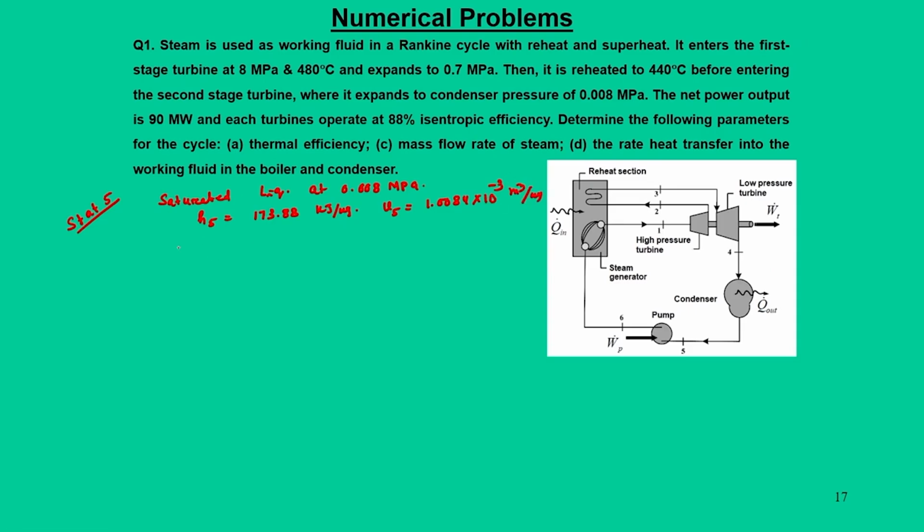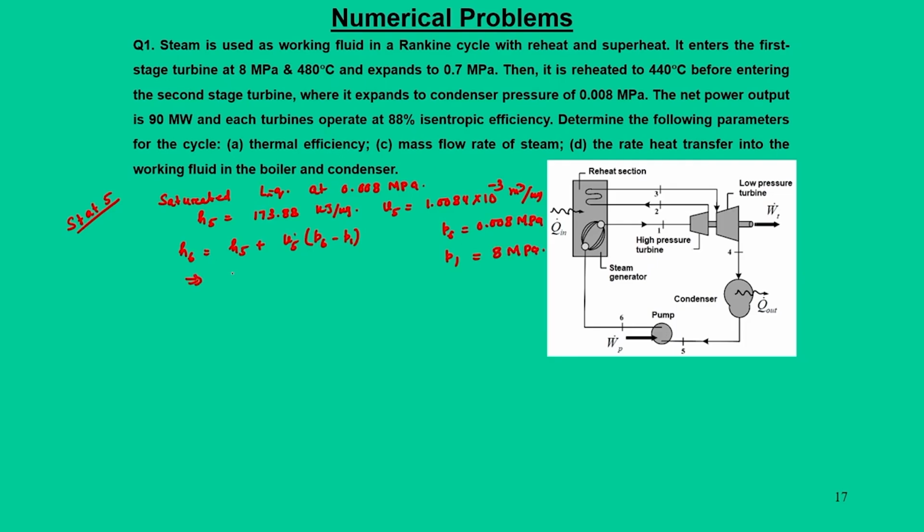Then we can use the pump equation as h_6 is equal to h_5 plus v_5 into (P_6 minus P_5). Here P_5 is 0.008 megapascal, P_6 is 8 megapascal.